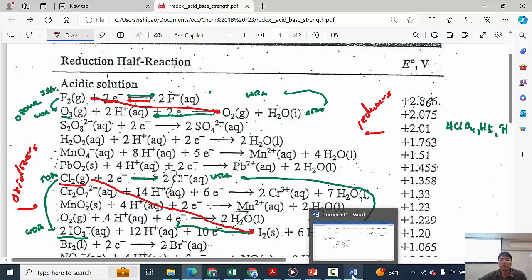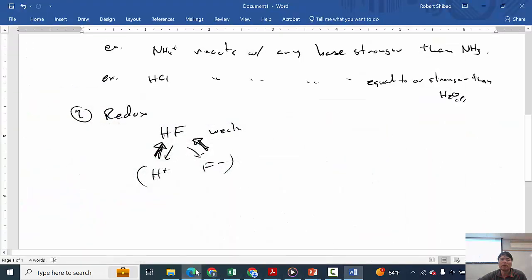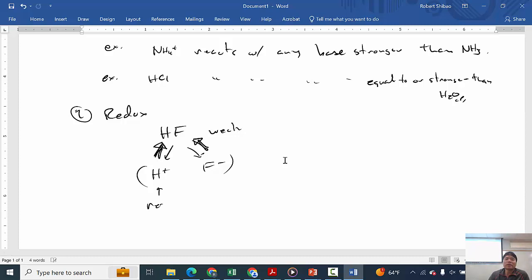Can you use like the inequality signs to be easier? Yeah, sure. You could do that. So this reacts with reducers stronger than H2.